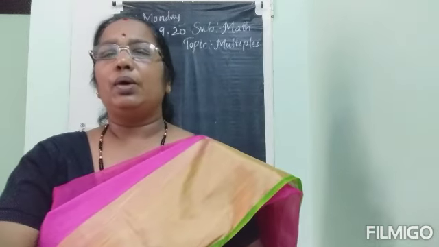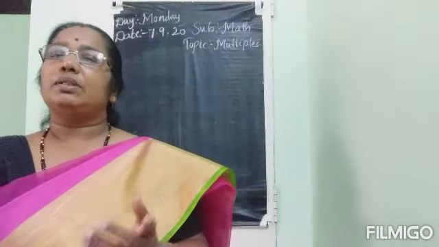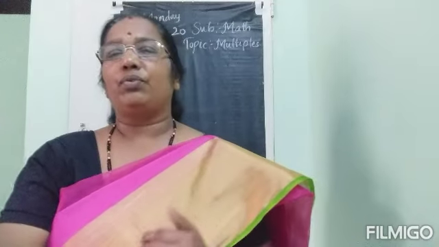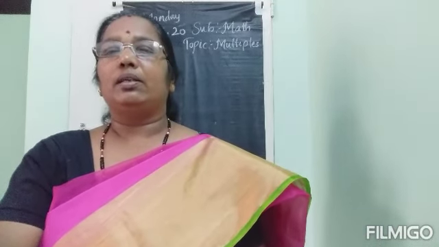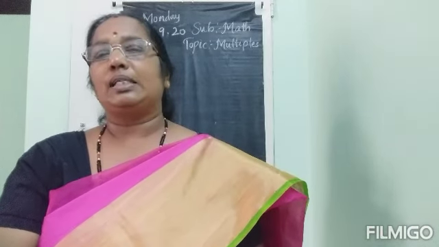Okay children, if I give you 64 divided by 8, you know the 8 times table, so 8 eights are 64. Then if I say 27 divided by 3, yes, 9 threes are 27.